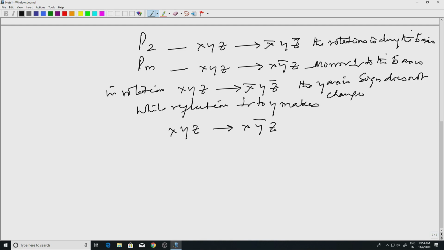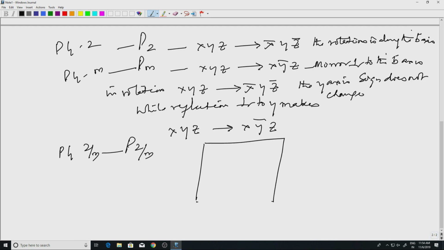The next one is, we'll go to P2 by m. P2 point group is 2, Pm point group is m. P2 by m, point group is 2 by m. Again, the twofold is along the B axis.